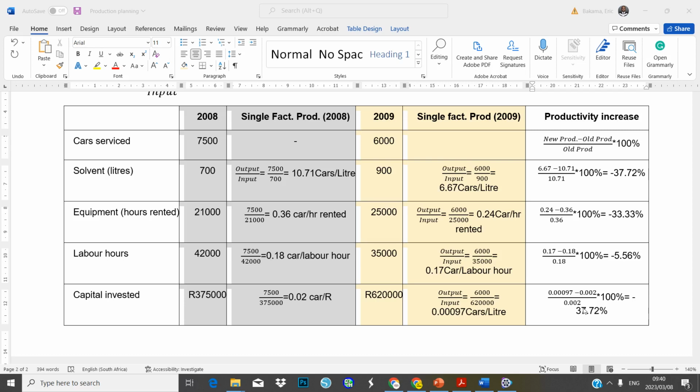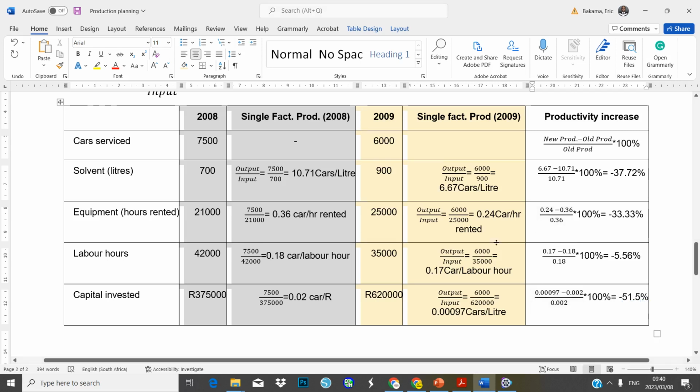There's been a decrease of 51.5%. So as you can see, the single factor productivity has actually decreased.